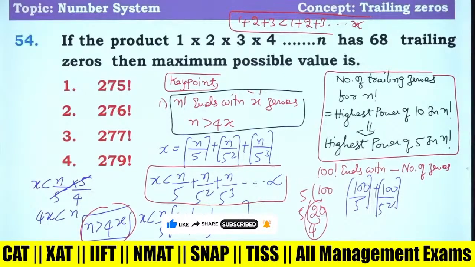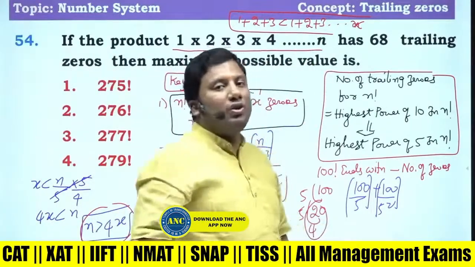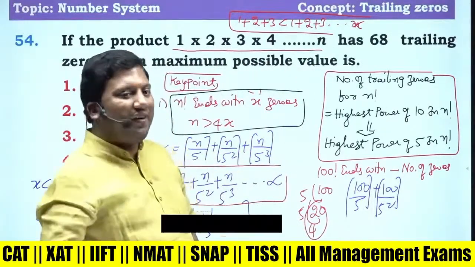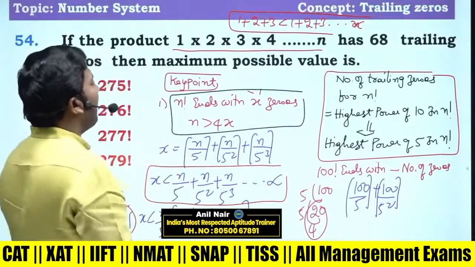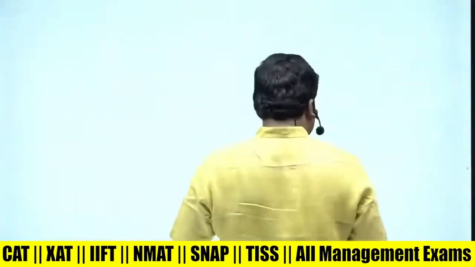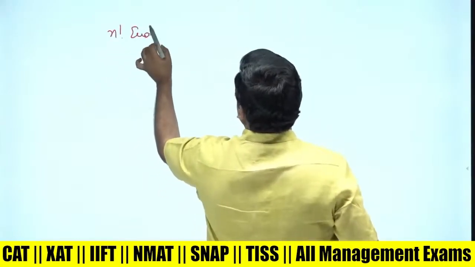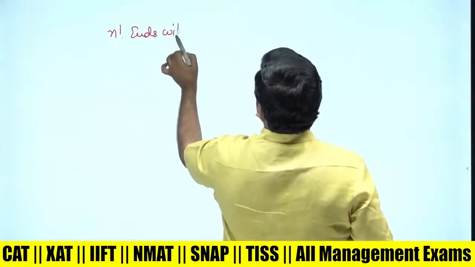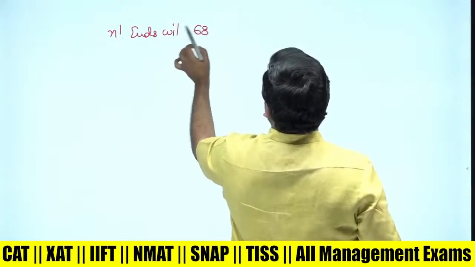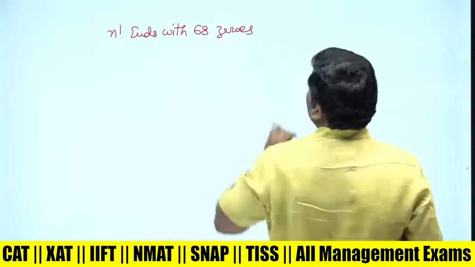What is the question? If the product 1 into 2 into 3 till n, which is n factorial, has 68 trailing zeros. So, what is the concept? N factorial ends with 68 zeros.